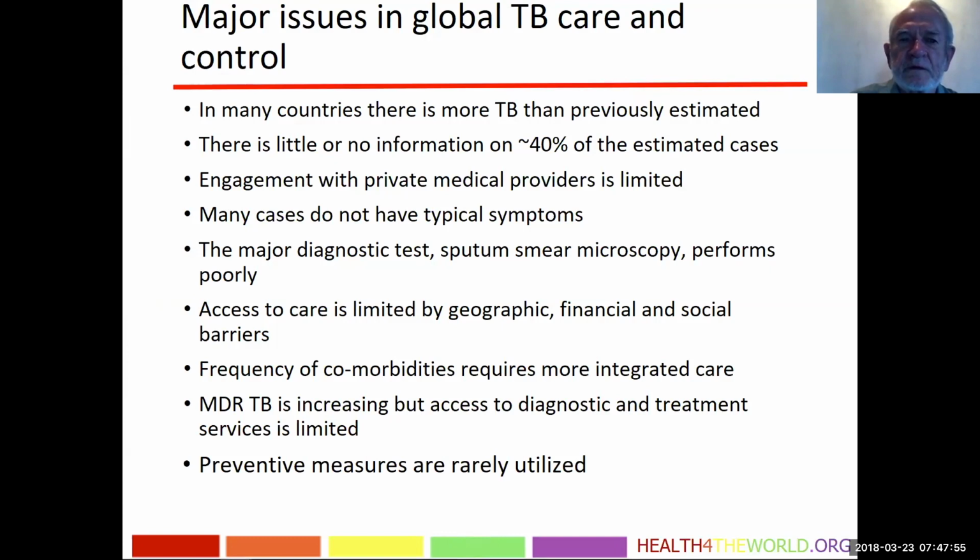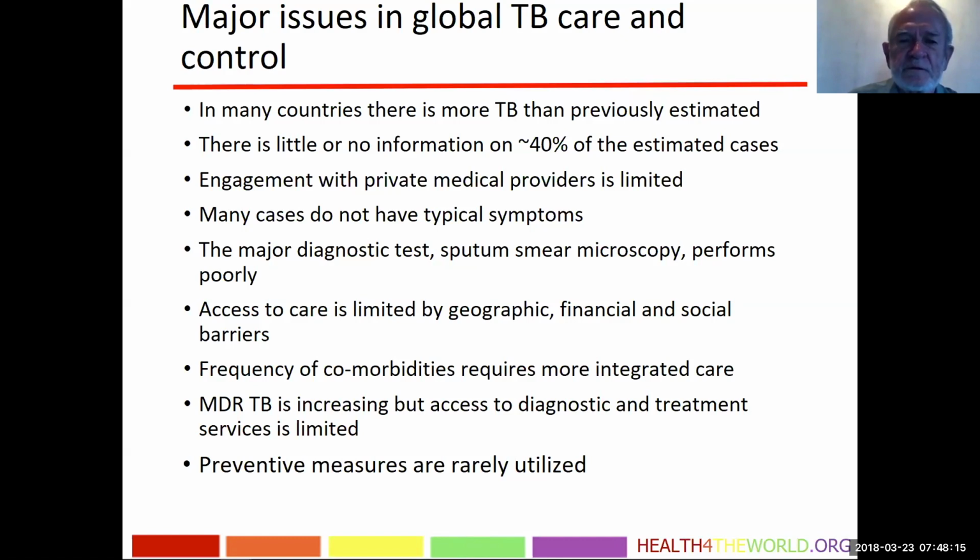As we'll see, and I'll show you data to this point, many cases do not have typical symptoms. Cough has been the symptom that we generally relied on to indicate the need for an evaluation for tuberculosis. In many cases, it's been found they actually do not have cough.